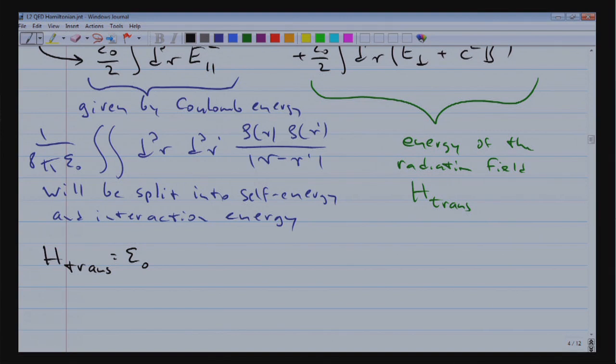I just want to show you how the total energy now appears in terms of the vector potential. And what we need for that is, of course, the vector potential and its derivative. The vector potential depends on polarization, depends on the Fourier component, and we call this derivative of the vector potential the conjugate momentum.